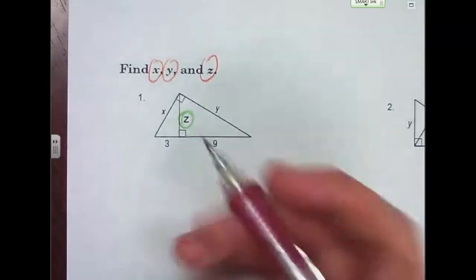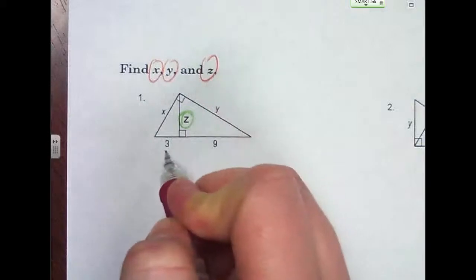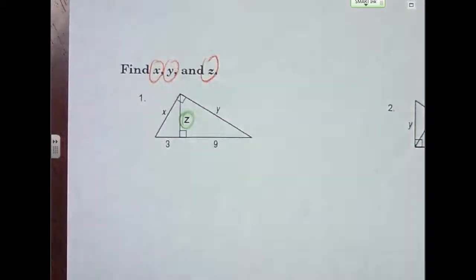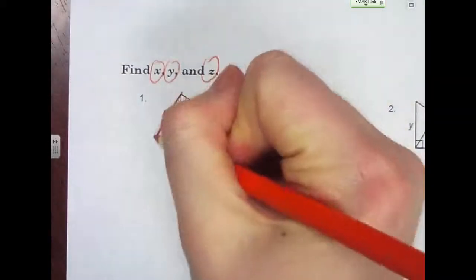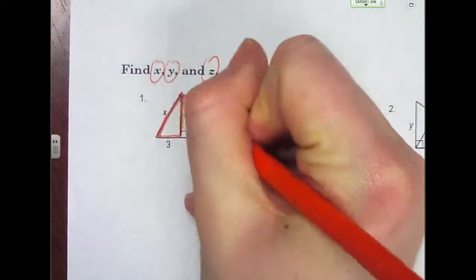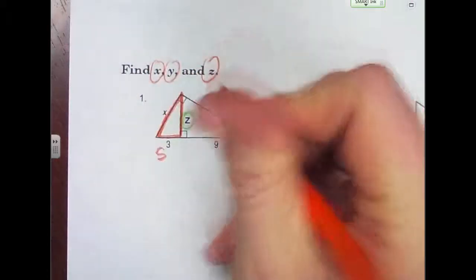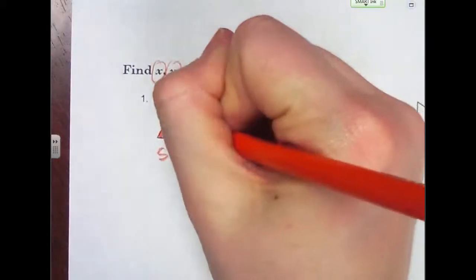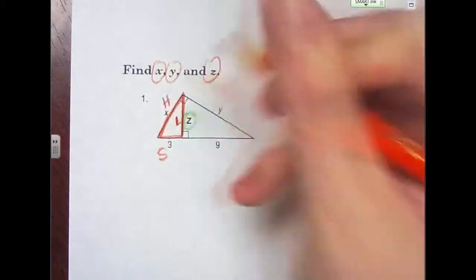So if we do geometric mean like we did yesterday, let's write out what we have here. In this small orange triangle, I have the small side, the long side, and the hypotenuse.